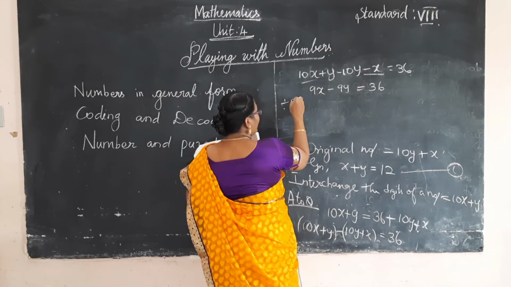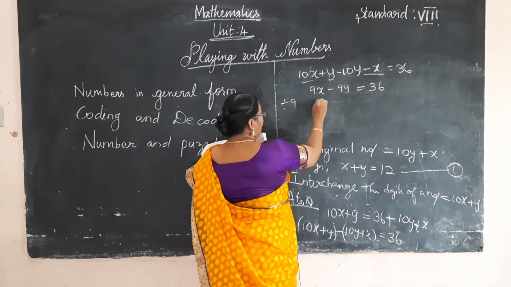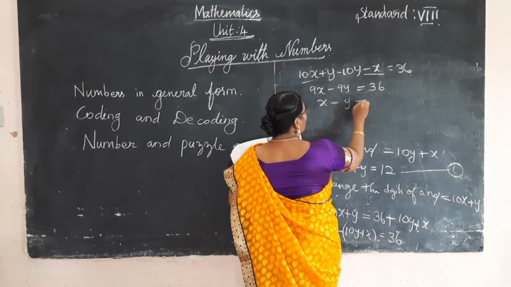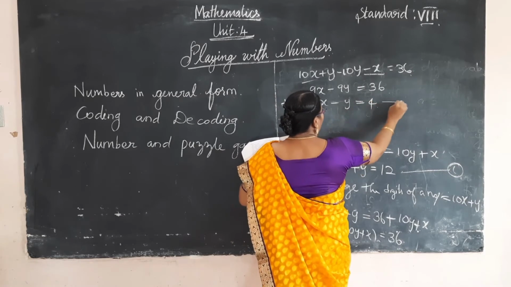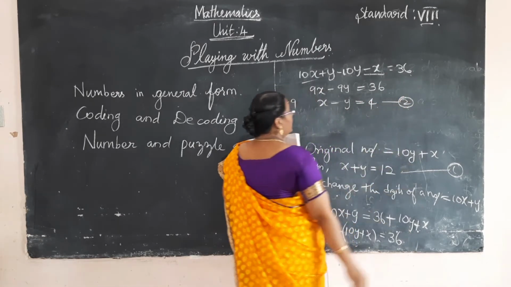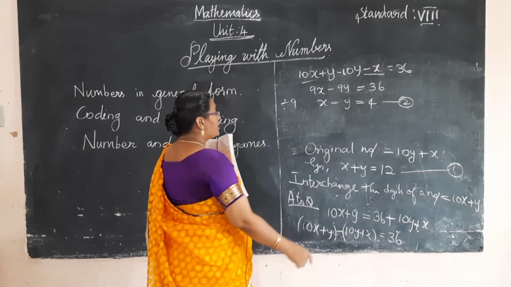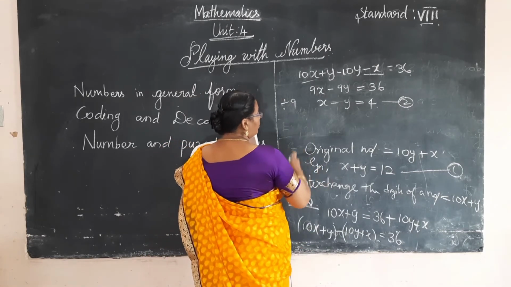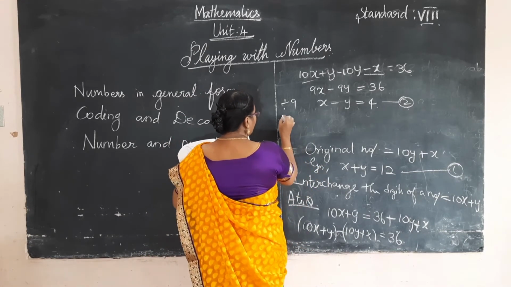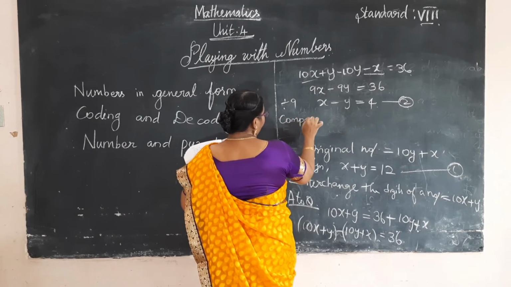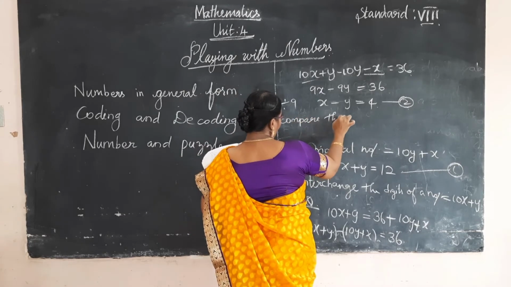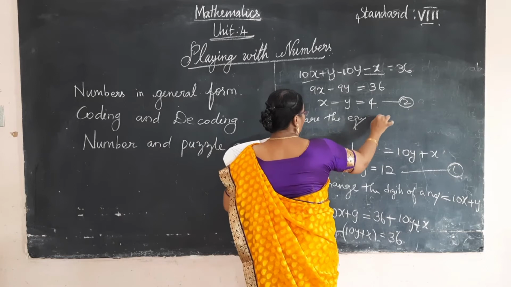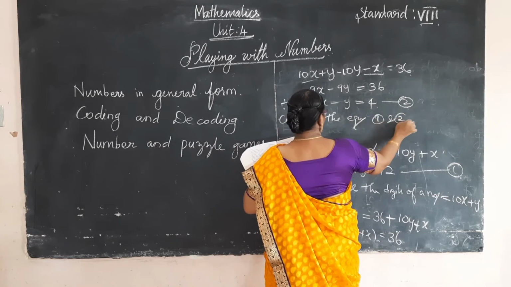It's divisible by 9, is it? So what we get? x minus y is equal to 4. This is denoted as equation number 2. So compare equation number 1 and 2.